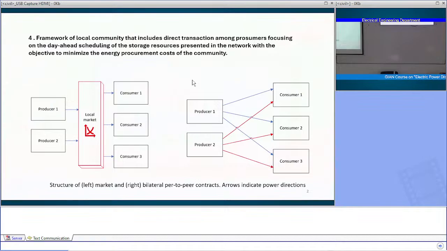The idea for local markets can be to reproduce the same schemes of the wholesale market. You see here the typical structure of the wholesale market with producers and consumers providing bids into an auction for producing or consuming, and the intersection of the two curves is the market price.